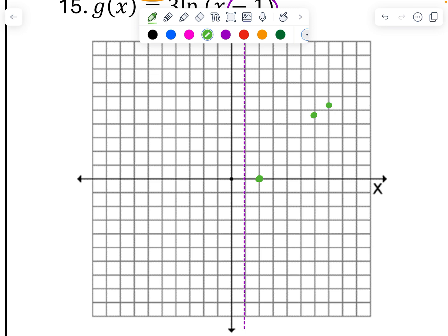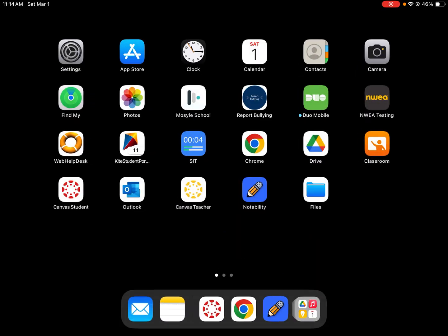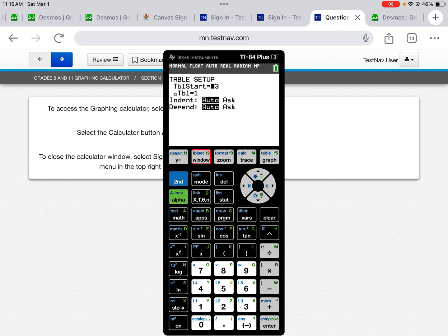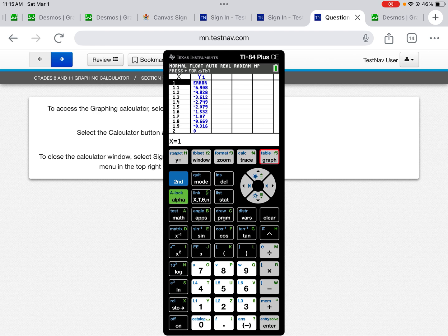And if you want to put all those other points in, you can. If you want to put in points bigger than 1 but smaller than 2, you can come here to table set. And you can say start at 1 and go by tenths. Okay? So 1 is an error, but notice 1.1 is negative 6.9.